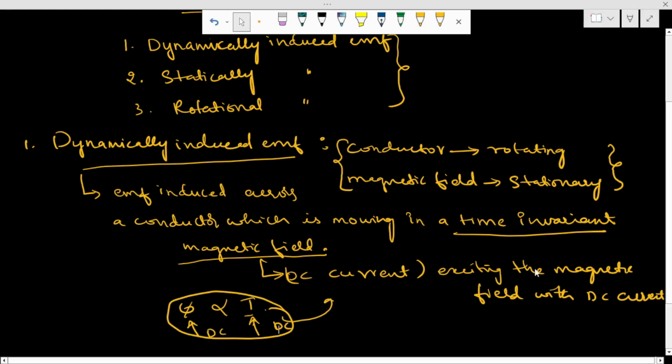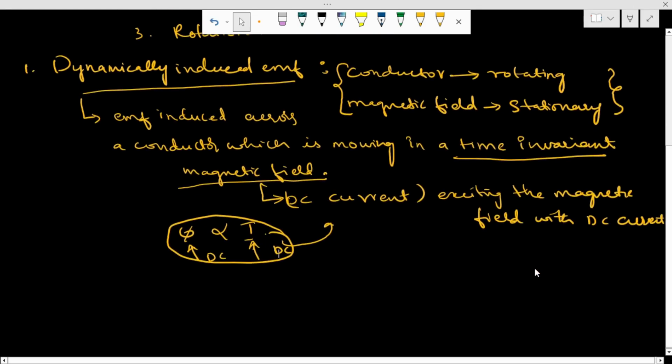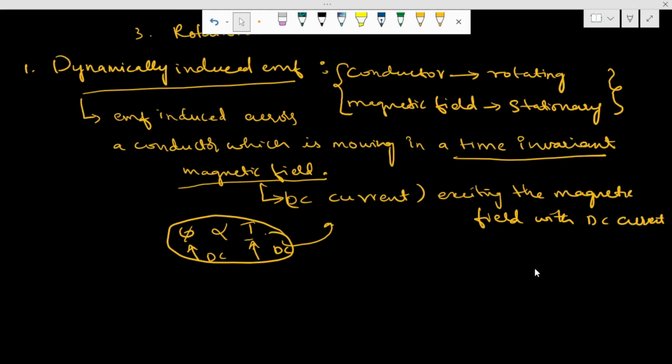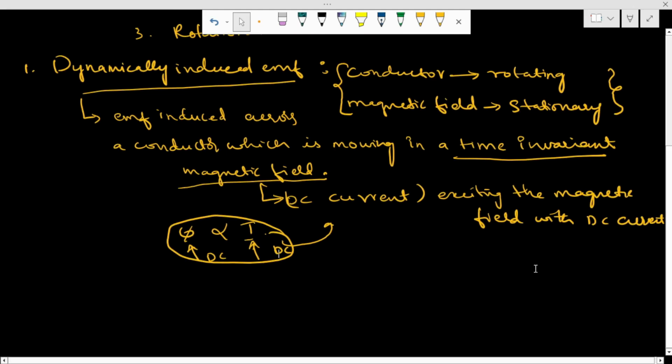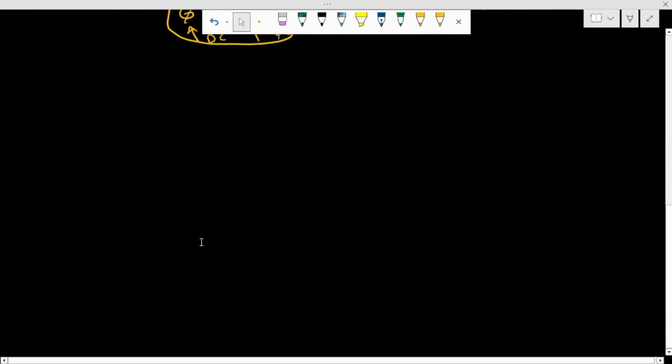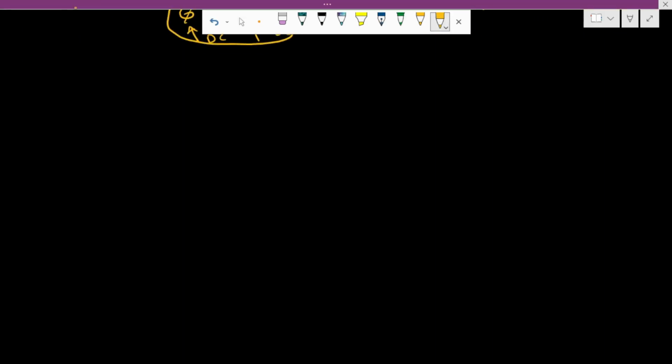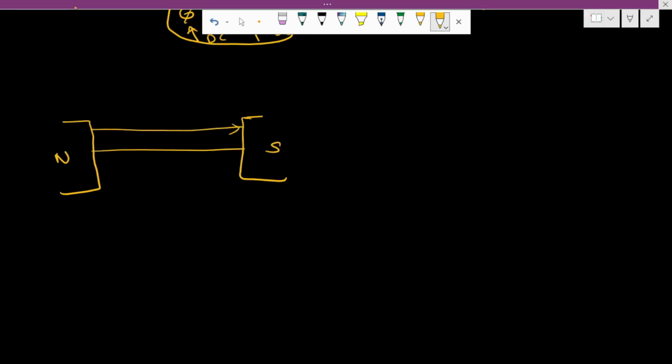Let us see the formula for the dynamically induced EMF. Let us derive how the dynamically induced EMF formula can be obtained. Let us take the north pole, south pole, and flux lines.